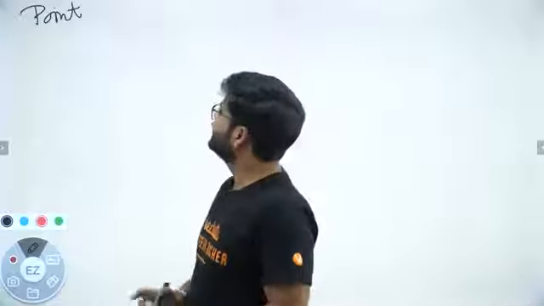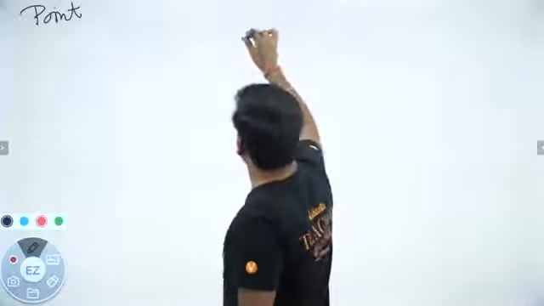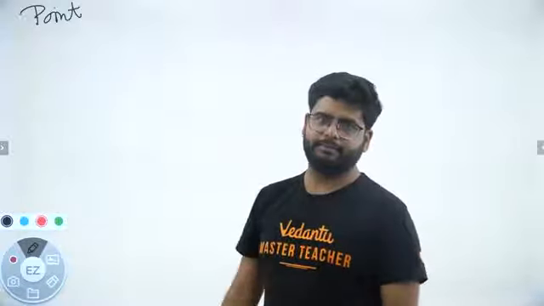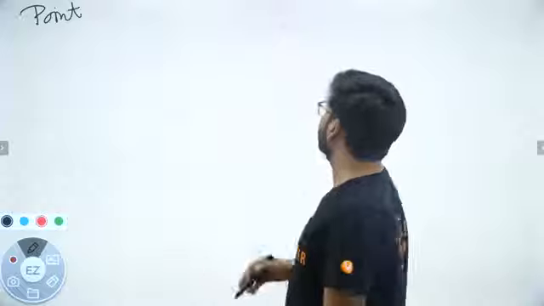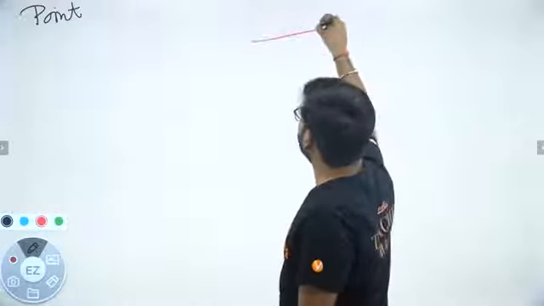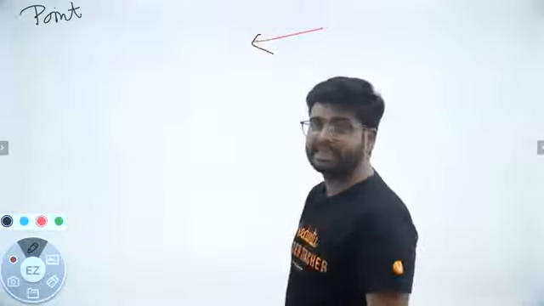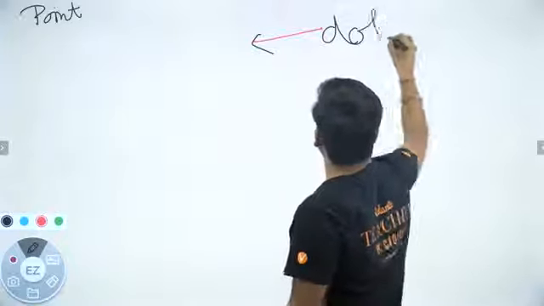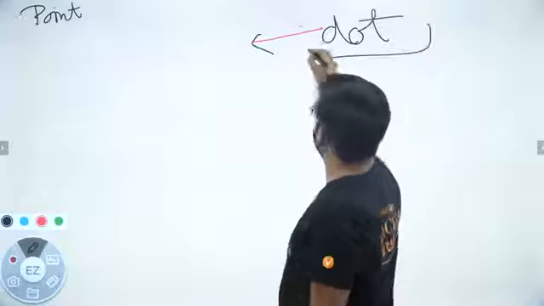Anything that gives you a location or a position of something is a point, right? Remember guys, there is something that I have drawn here. This is not a point. Basically this is a dot, okay? Why? Because it has some dimensions.